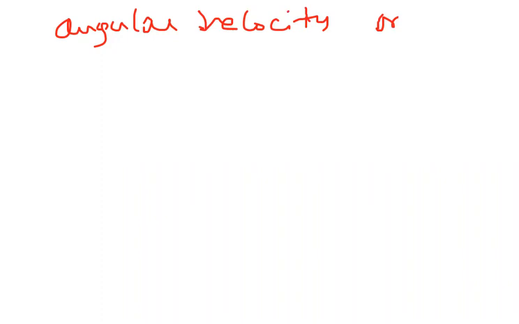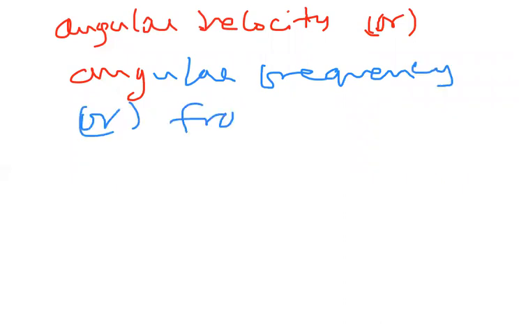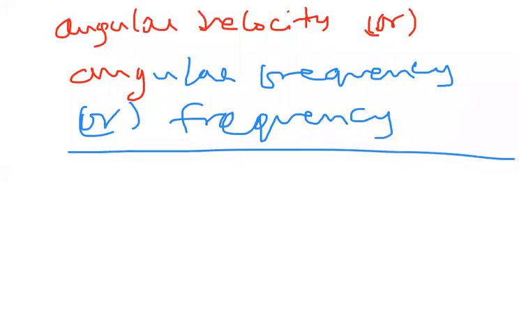Both are the same, so we can call it angular frequency, and we can also take the units of frequency. All are having different units, no doubt, but the dimensional formula is the same.